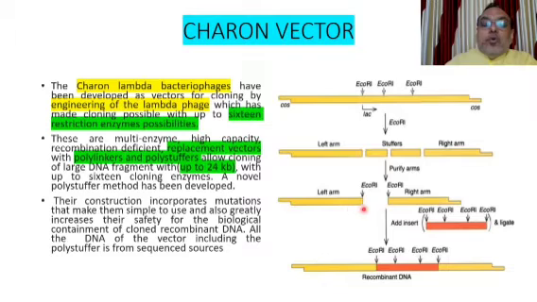Here, we remove a chunk of the vector genome by polylinkers, and then we add various stretches of DNA into this polylinker, and we could then transform this Charon vector into a multiple recombinant vector, that is a vector having multiple stretches of DNA from different sources. So it will go a long way in cloning.